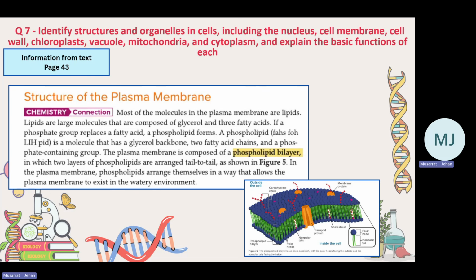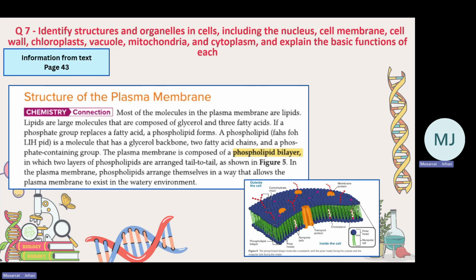We'll be discussing the detailed structure now. So they are lipids. That's why you have studied in the previous lesson that lipid forms barriers, because it is an important molecule which is forming the plasma membrane.